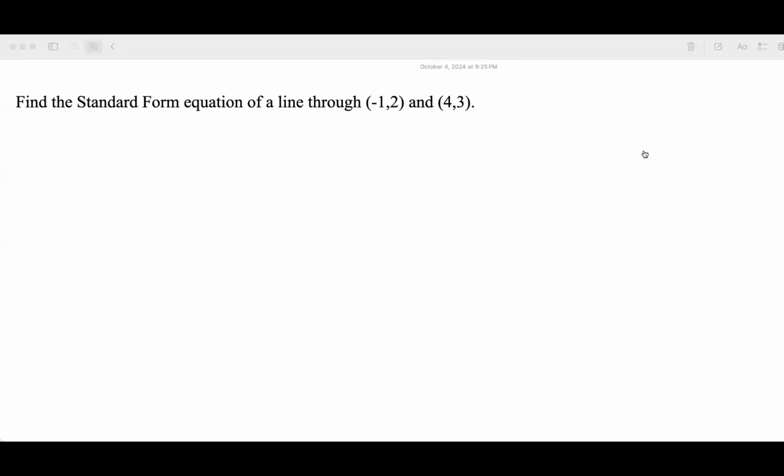Then why is it equal to AX plus BY? Explain your question once more. I don't know what C is. Yeah, you don't have to know.